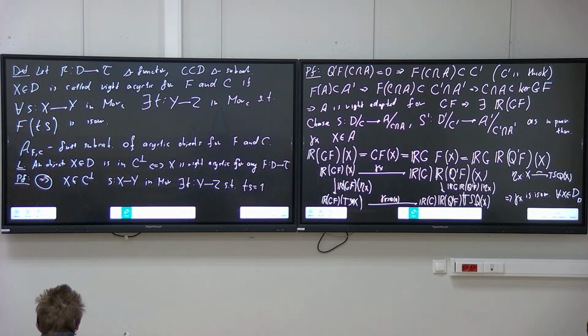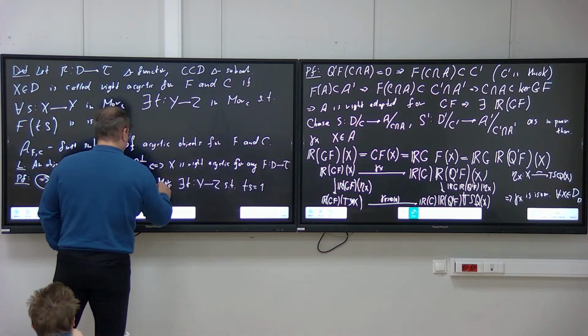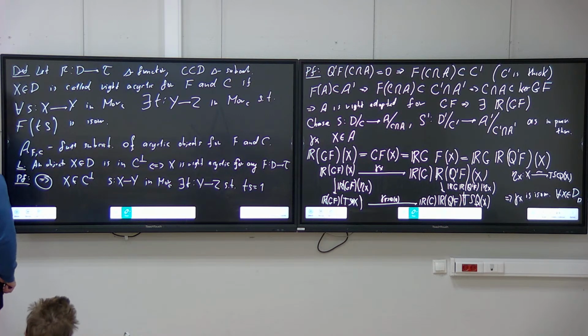So how to show that this is true? I think this was from the lemma that we proved when we discussed the right orthogonals for subcategories.